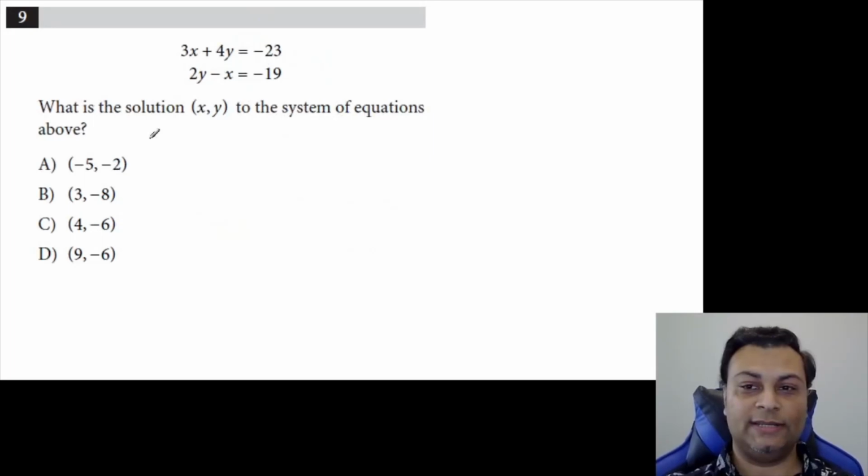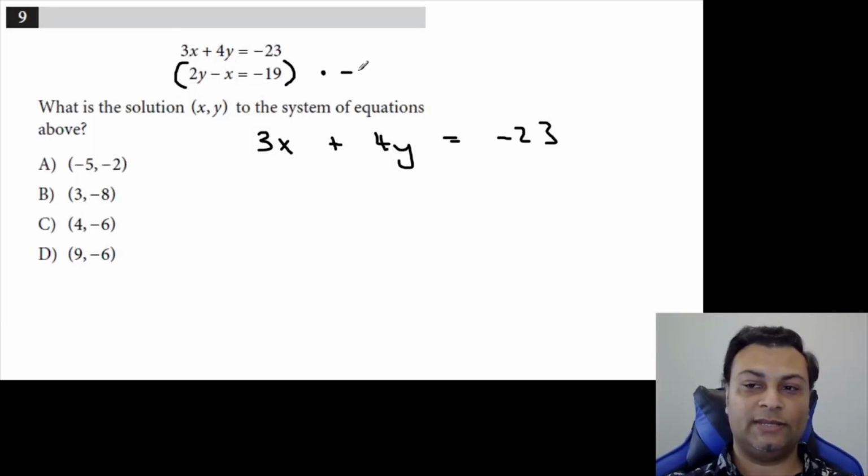Moving on to number 9, we have a system of equations. What's the solution to the system of equations? Okay, let me write this out with x and y lined up nicely. So 3x plus 4y equals negative 23. And one thing I'm going to do is multiply every term in here by negative 2.